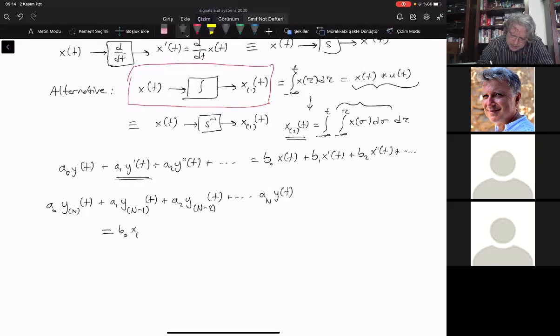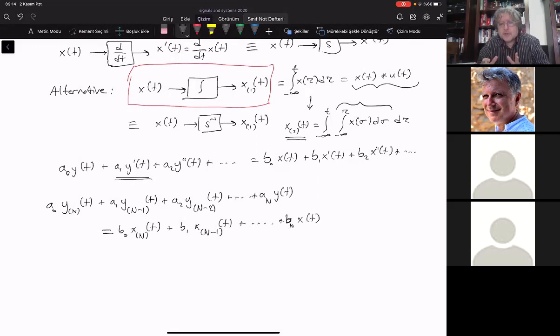b0 x sub n of t plus b1 x sub n minus 1 of t plus etc., all the way up to b sub n x of t.